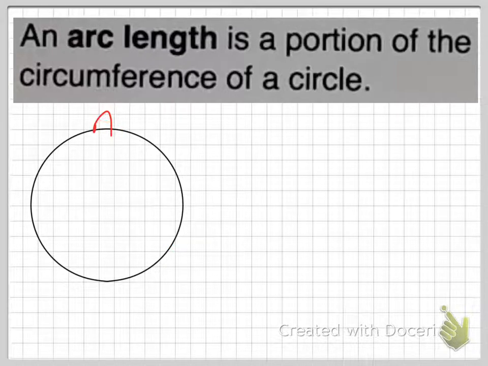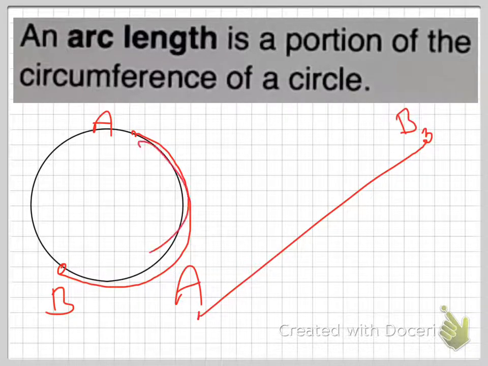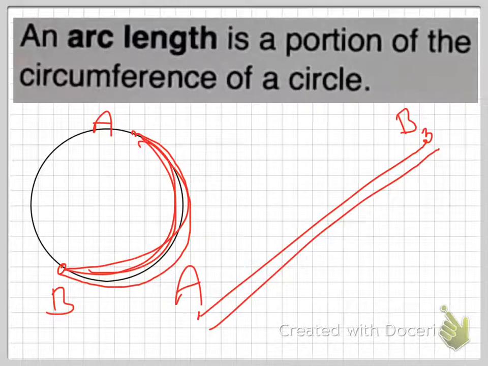Just a quick other example. Say this is point A again, and you have point B. This is your arc length. Again, you could take these two endpoints and put a string around that part of the circle, stretch that string out into a straight line, and measure its linear distance.